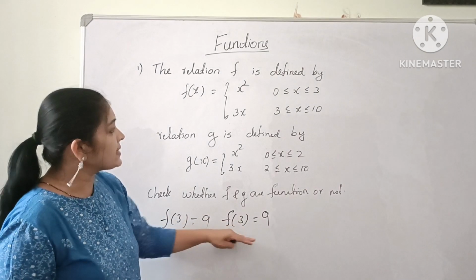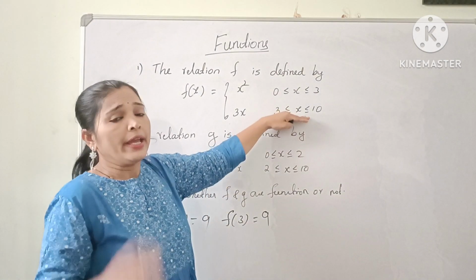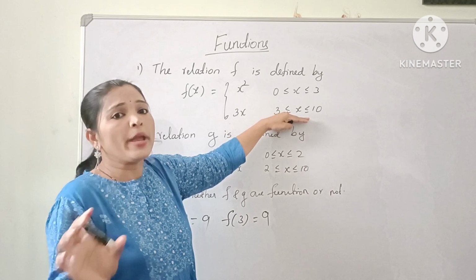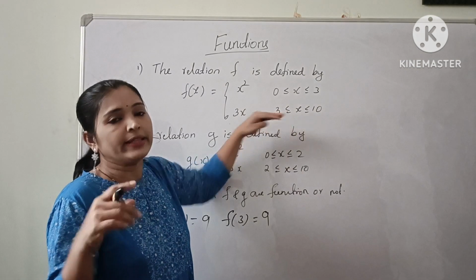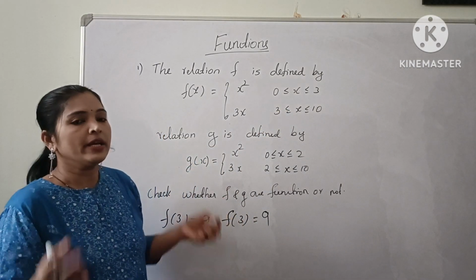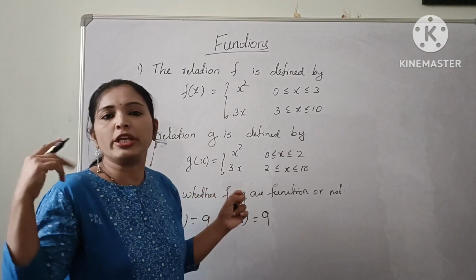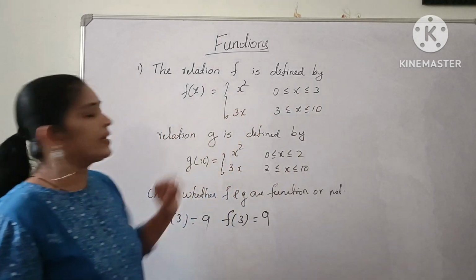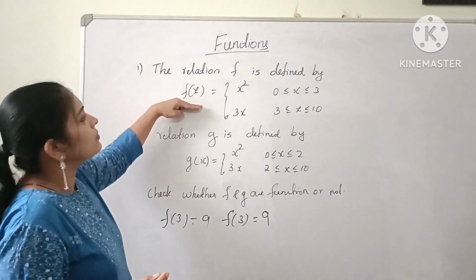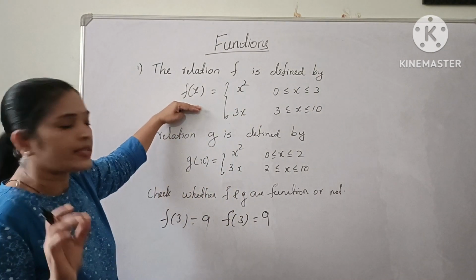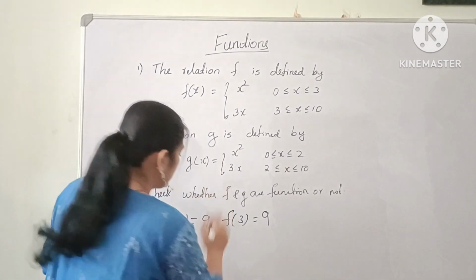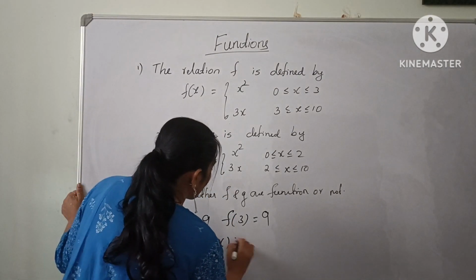So here we can see every element of the domain has only one image. That is the definition of a function, right? Every element of the domain should have exactly one image in the codomain, right? So here it is satisfied, right? So the given relation f of x is a function.